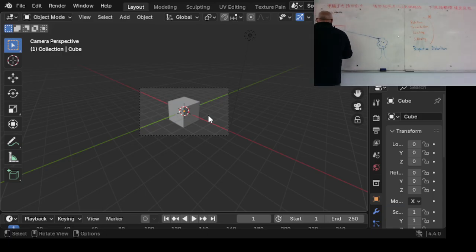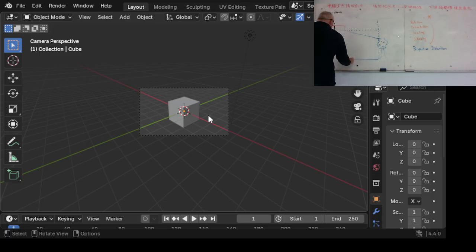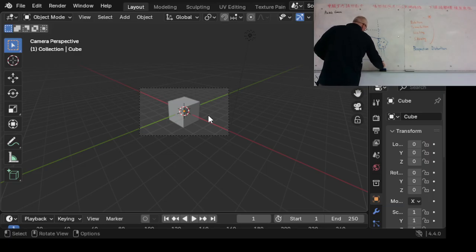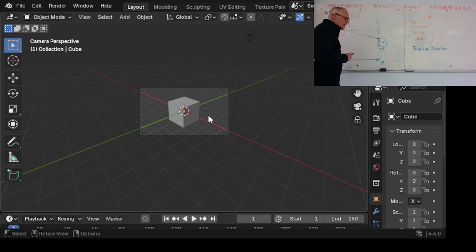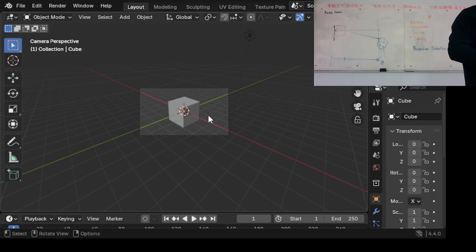So now let's put this onto a coordinate system. We'll make that our distance from the camera, so we'll call that Z. We align the camera.